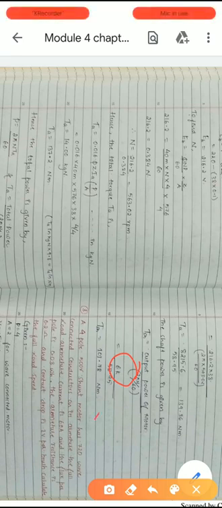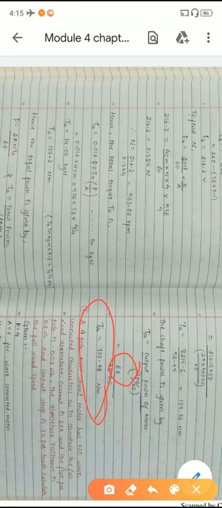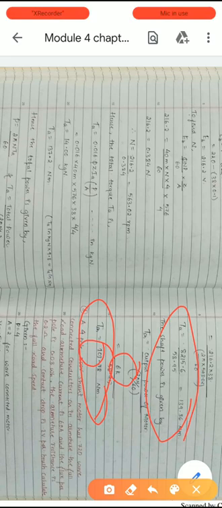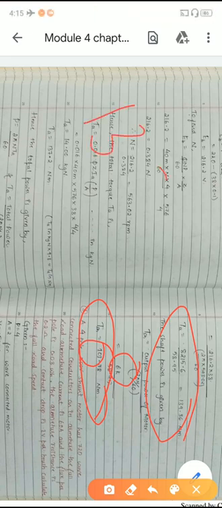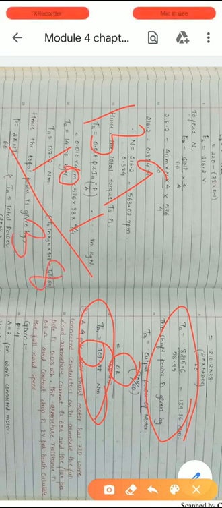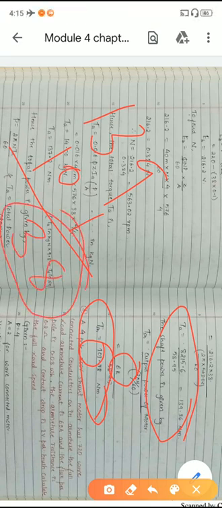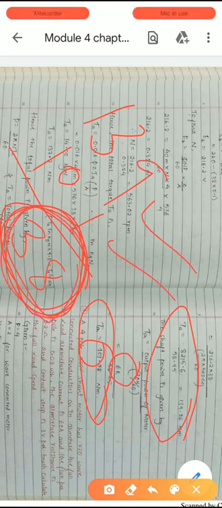Substitute all these values, you will get 131.78 Newton meter. Actually total torque is 139 and useful torque is 101. 139 minus 101, whatever you will get, 38. This is torque loss. This is total torque, this is useful torque and this is torque loss.